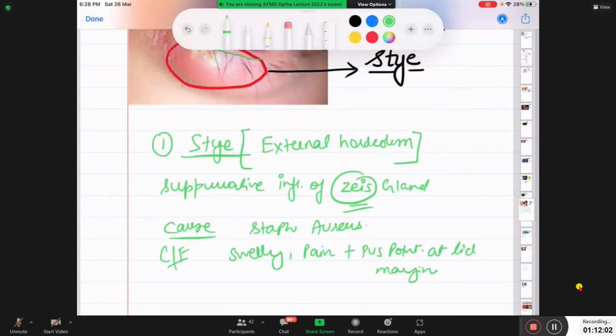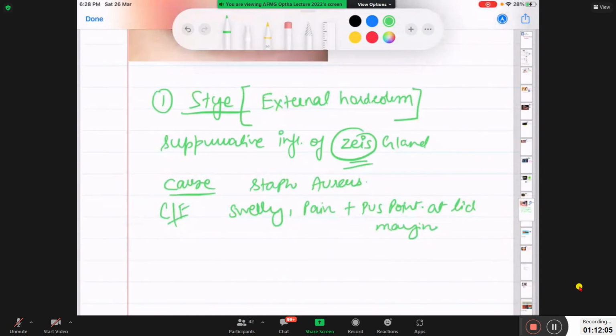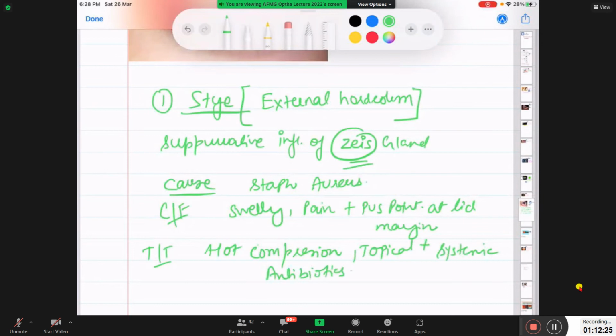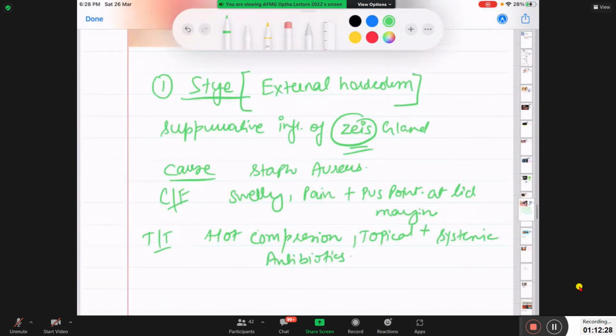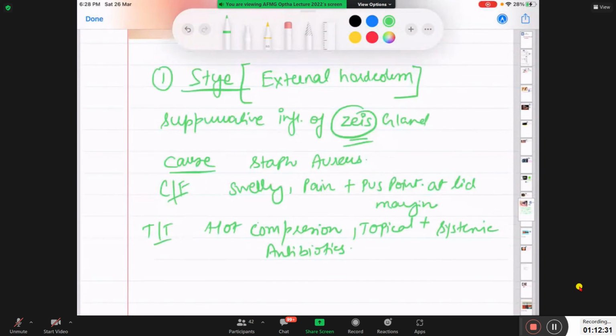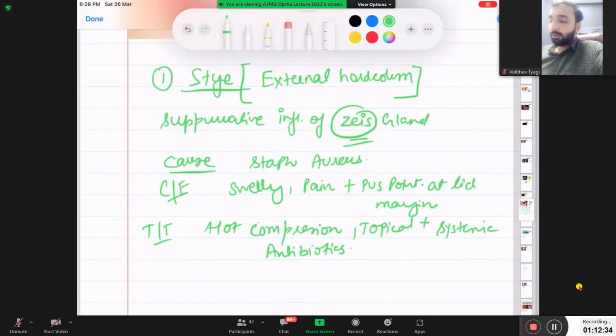Talking about treatment, patient is advised hot compression plus topical plus systemic antibiotics. So Zeis gland is important and location is at lid margin. This is also important. Done?